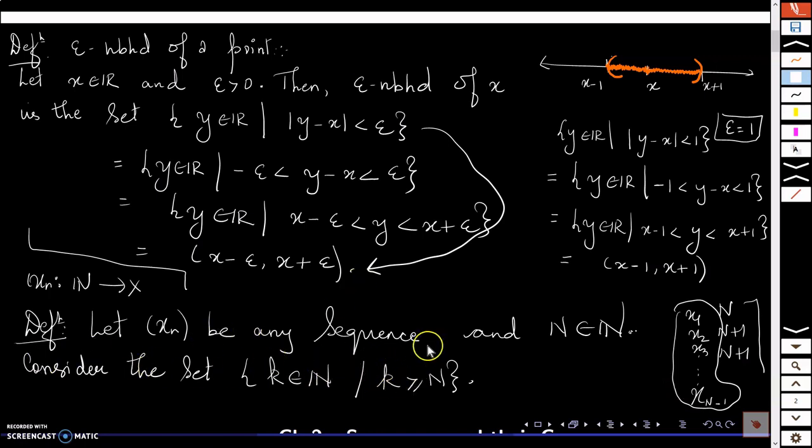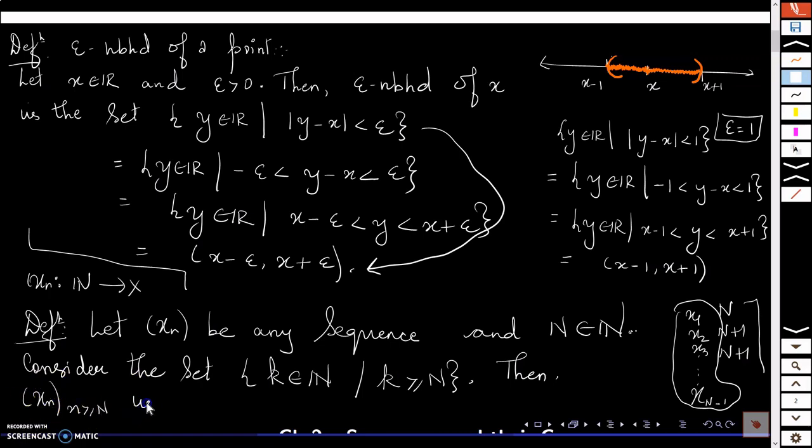Understood? Then this sequence xn, where n is bigger than or equal to capital N. So which terms will come here? The first term will be x capital N, then x capital N plus 1, then x capital N plus 2.